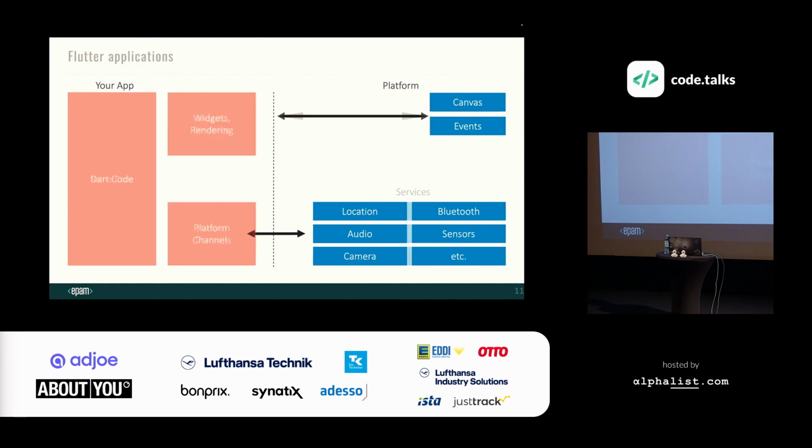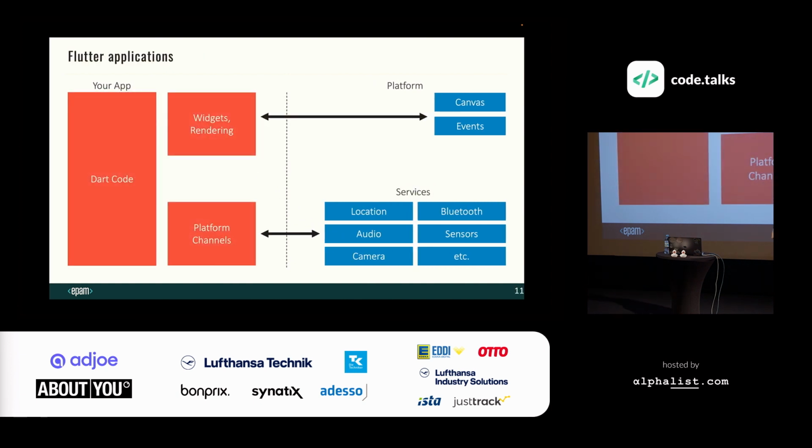And how does Flutter work? Flutter has one code base that can run on both platforms, and platform channels to call services directly from Dart code. Flutter doesn't use native UI components, in comparison, for example, with React Native. Flutter uses its own widgets that are rendered directly on a canvas with the Flutter rendering system.